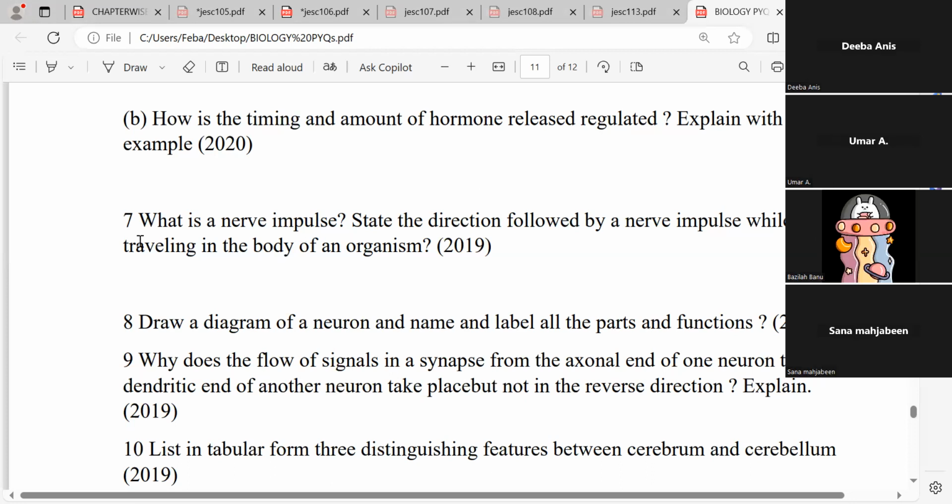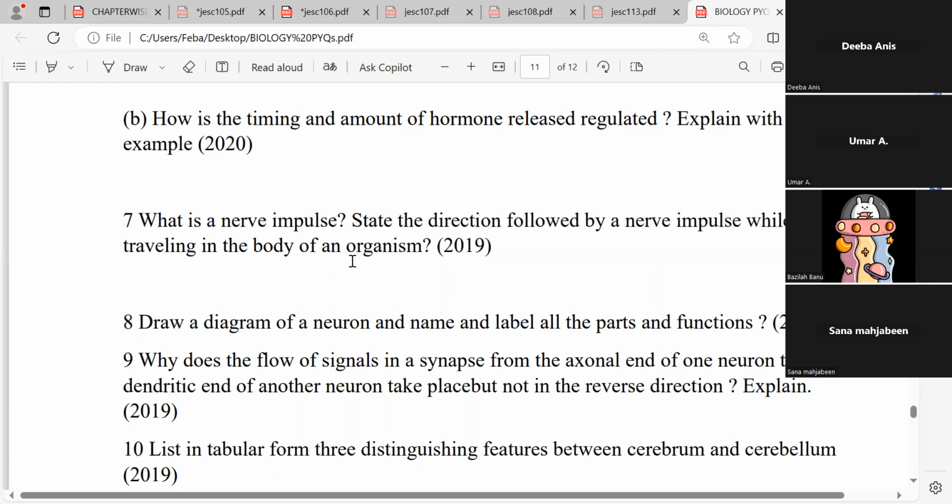Yes, ma'am. Now the seventh question. What is nerve impulse? Say the direction followed by the nerve impulse while traveling in the body of an organism. What is nerve impulse? It's a chemical impulse, electrical impulse, right?